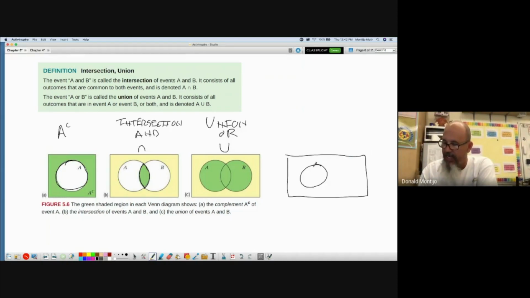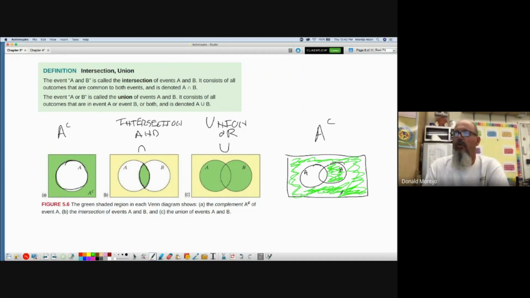If I have event A and event B, this is A and this is B. If I wanted to look at the complement of A here, it would be everything that's not inside of A. So it would be everything out here as well as this part of B that's not also inside of A. So the complement of A is everything except what's in the circle A.